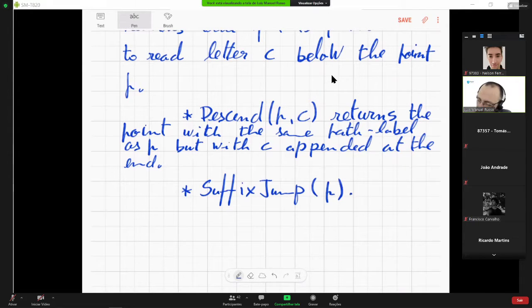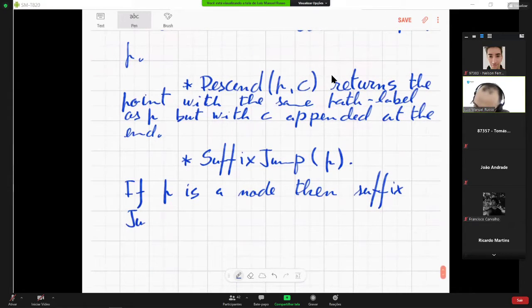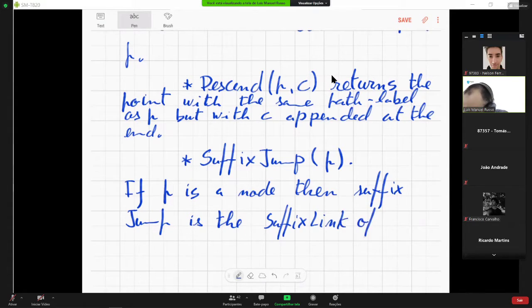So what is suffix jump? If P is a node, then suffix jump is the suffix link of P. P is your point.